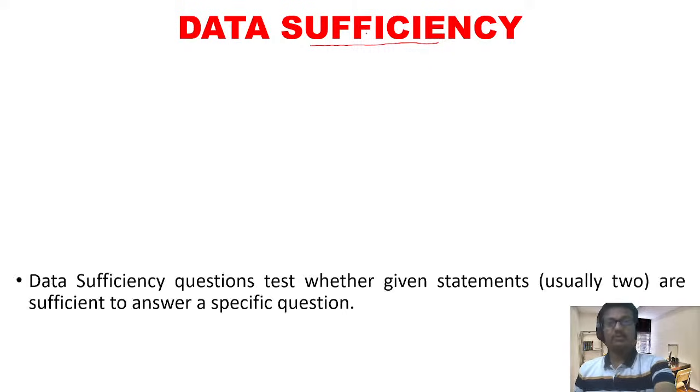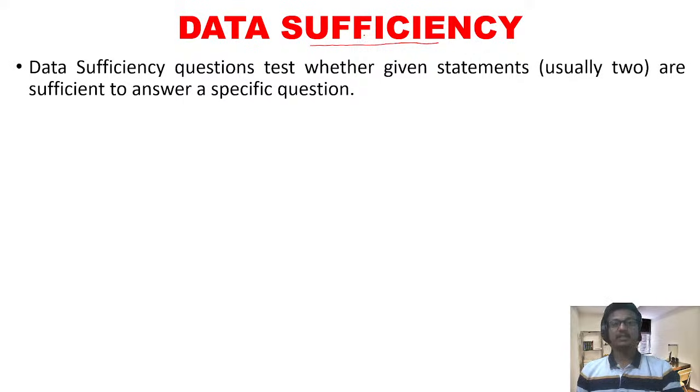Data sufficiency. Okay. So first, let us understand what is data sufficiency. What kind of questions will be asked in this section? Data sufficiency questions test whether the given statements are sufficient to answer a specific question. Usually two statements will be there, and sometimes more than two, that means three statements will be given.